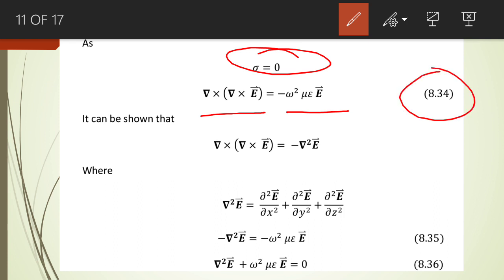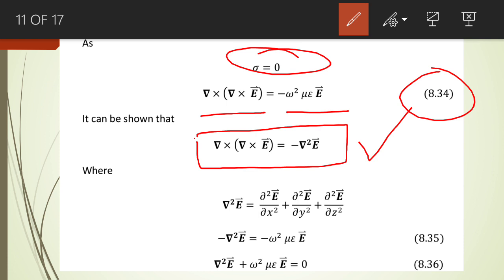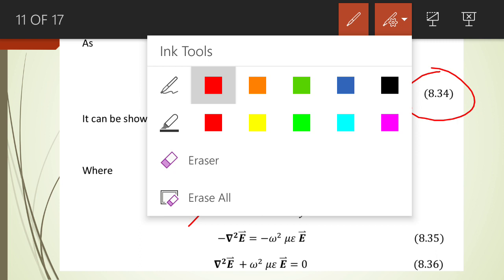Now we can show that the curl of the electric field intensity is equal to minus del square multiplied by the phasor value of the electric field intensity, and del square E is equal to curly square by curly x square of the electric field intensity plus curly square by curly y square of the electric field intensity plus curly square by curly z square of the electric field intensity.